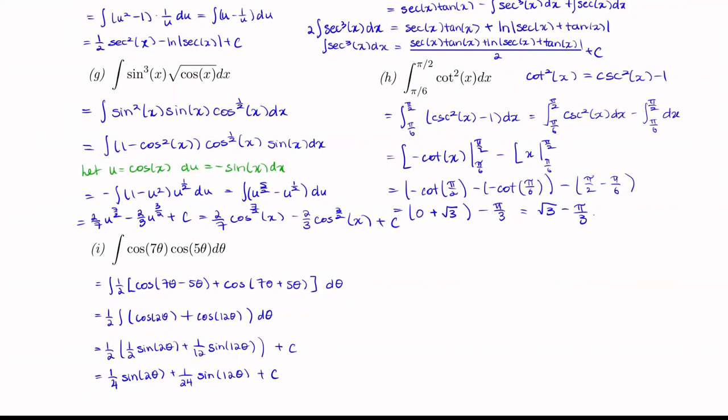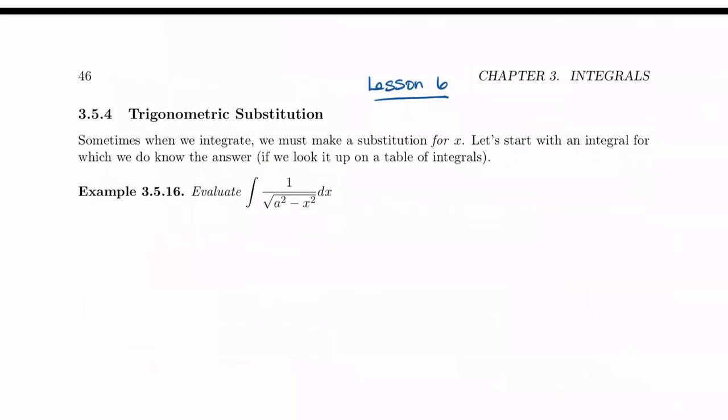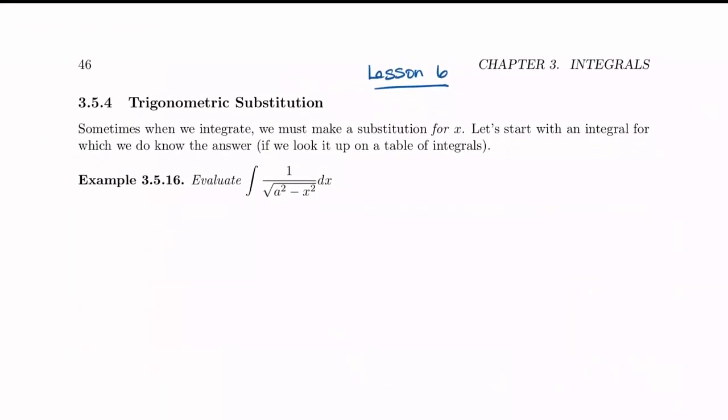All right. So in this lesson, we're going to be focusing first on trigonometric substitution. Sometimes when we integrate, we must make a substitution for x. Remember, last time we did a u substitution, which is for the function.